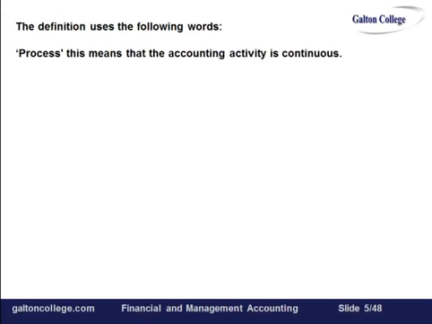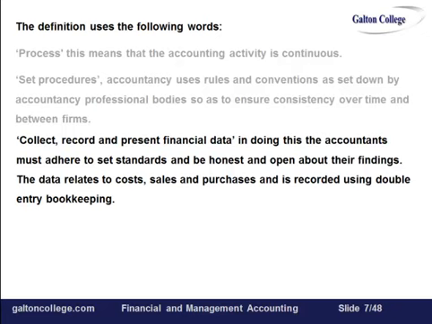It collects and records and presents financial data. In doing this, the accountants must adhere to standards and be honest and open about their findings. The data relates to costs, sales, purchases, and is recorded using double entry bookkeeping. That's a particular way of doing accounts.